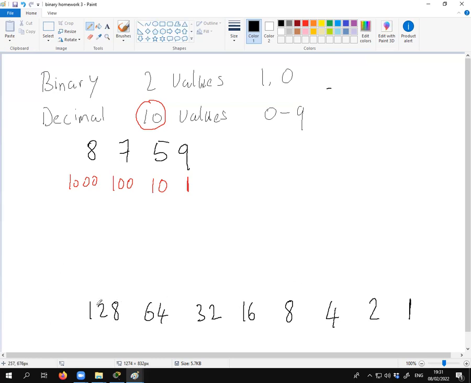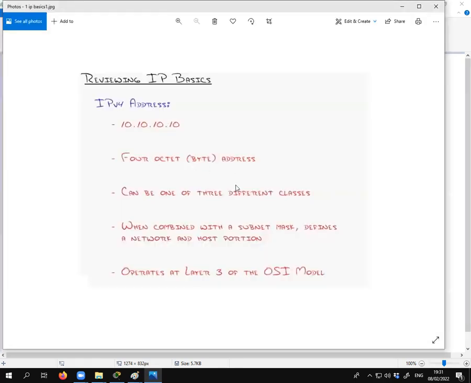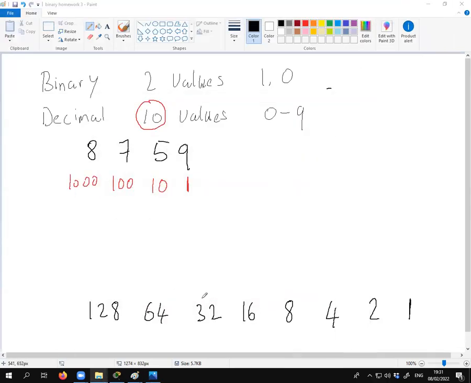Why am I not going any further? Because an IP address is 4 octets, and each octet is 1 byte. How many bits does it take to make a byte? There are 8 bits in a byte: 1, 2, 3, 4, 5, 6, 7, 8.